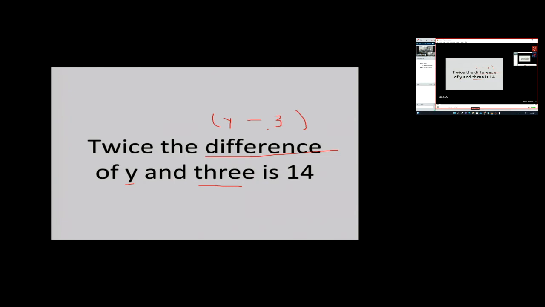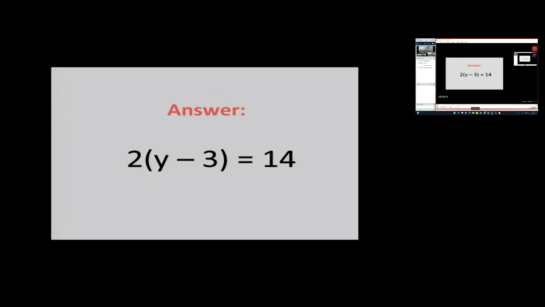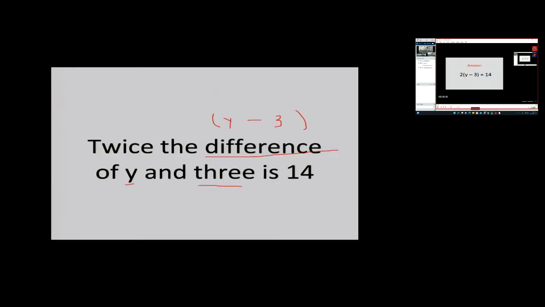Okay, very good. The answer is 2 times the quantity of y minus 3 is equal to 14. Remember, when we're dealing with difference, I told you earlier, you should always put parentheses. Sum, difference, product, and quotient, you're going to put it in a parenthesis, okay?